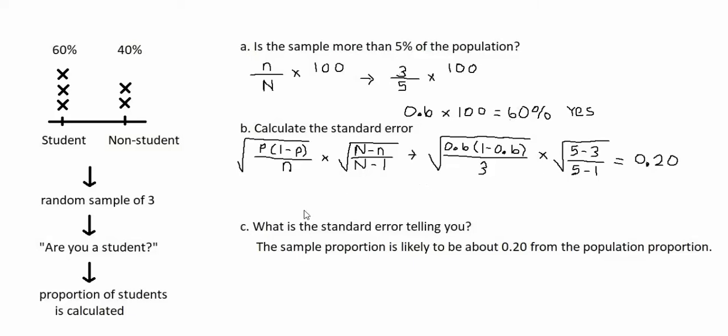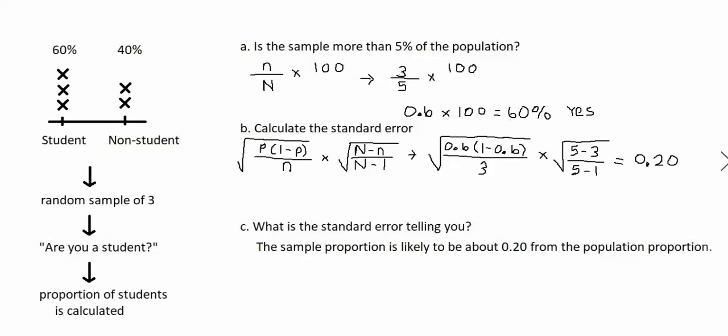So the word sample mean is being replaced by sample proportion, and population mean is being replaced by population proportion. Otherwise, it's the same exact wording. So basically, when the sample proportion is calculated, it's likely to come out roughly 0.2 away from the population proportion, which, as we know, is 0.60.